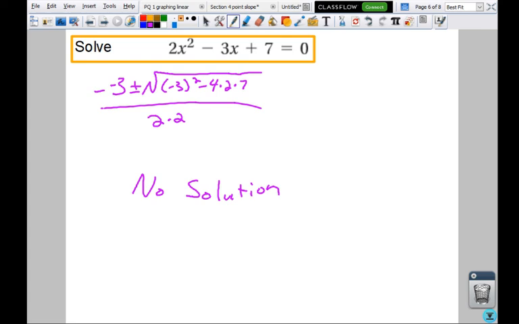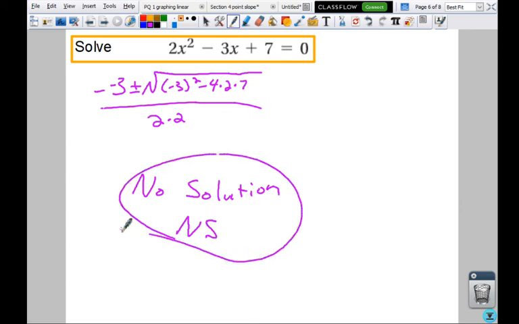If I were to graph this like we did a couple days ago, my equation was 2x squared minus 3x plus 7, right? Does this graph cross the x-axis? No. It's way up here. My answers are where it crosses the x-axis. It does not cross, so I have no solution. So when you plug it in and it says undefined, your answer is no solution. Then you don't do anything else. As you do these, you can also just write NS for no solution if you want.